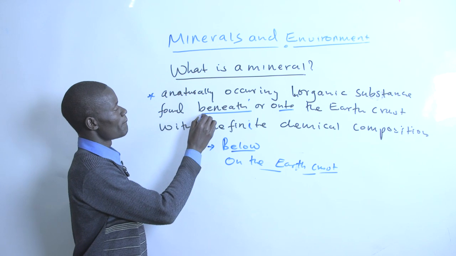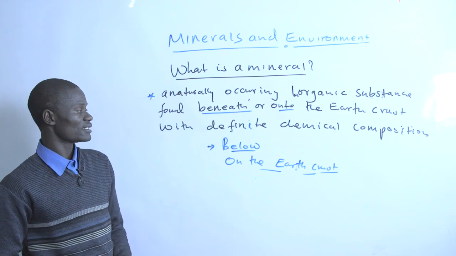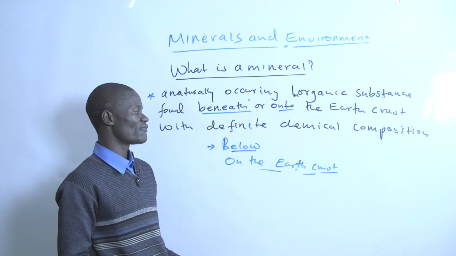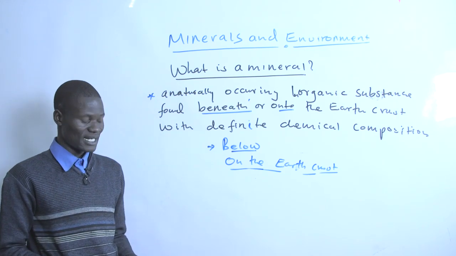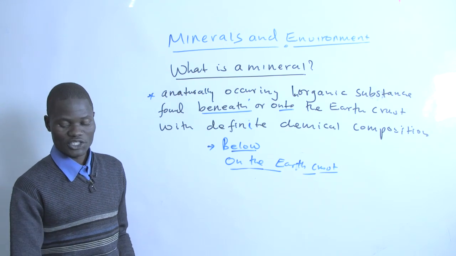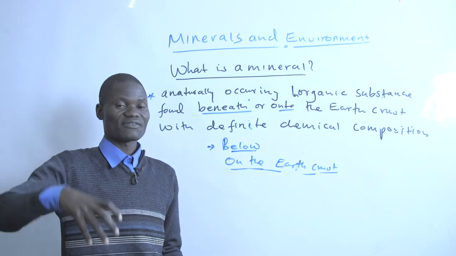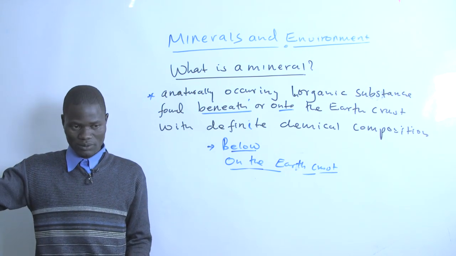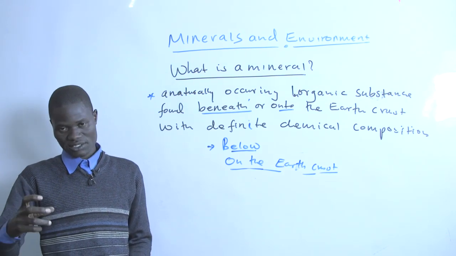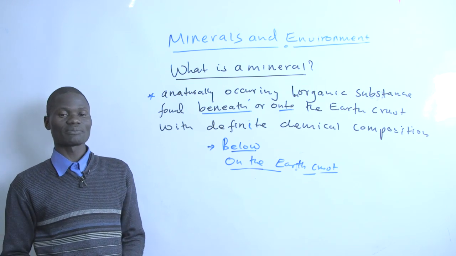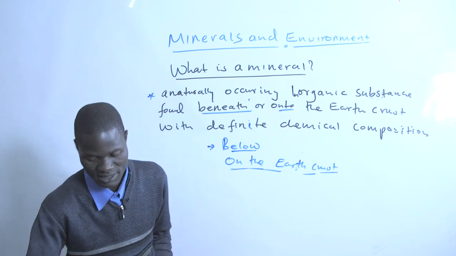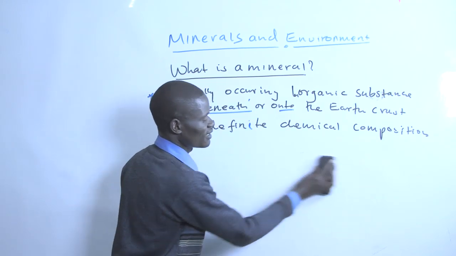Therefore, we are learning that a mineral can be found below the earth crust, and can also be found on the earth's surface, because we have learned that sometimes during volcanic eruption, the magma or the lava, when it flows, may carry some mineral content in it. As it solidifies and cools, those minerals may be exposed on Earth's surface upon erosion, which we'll look at next.